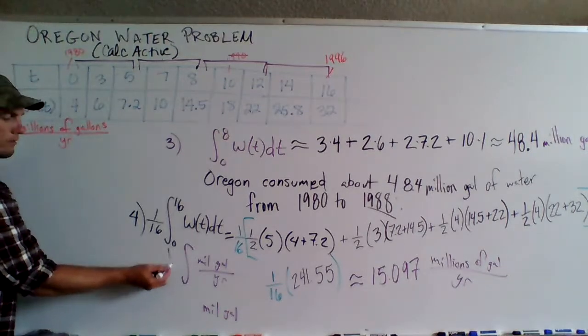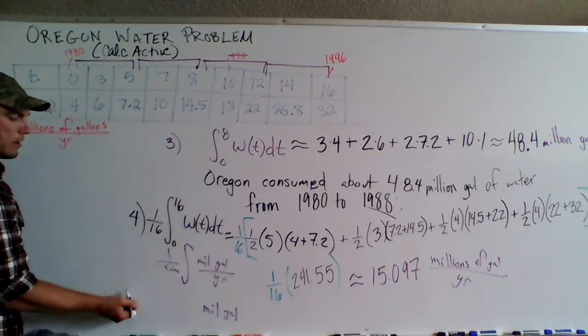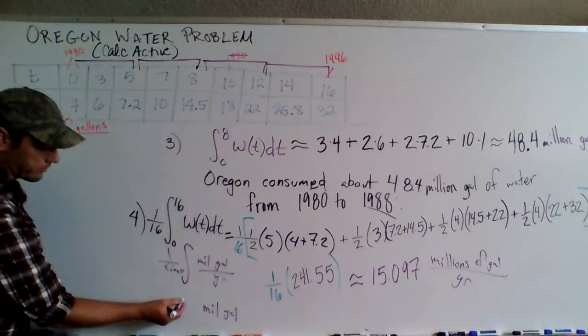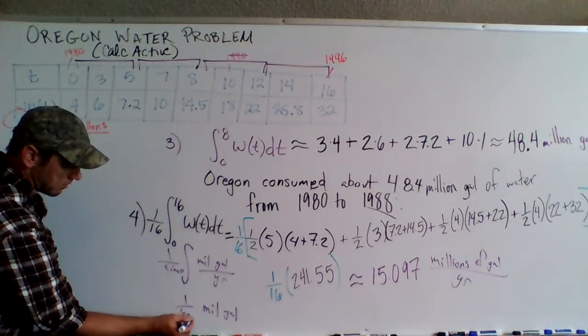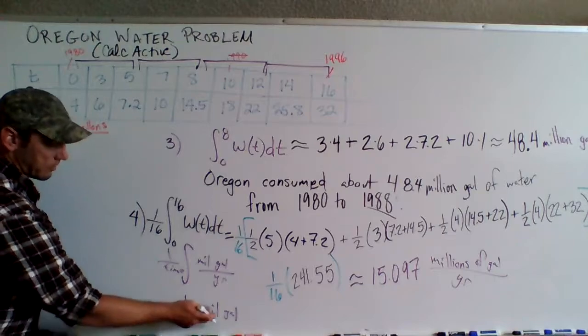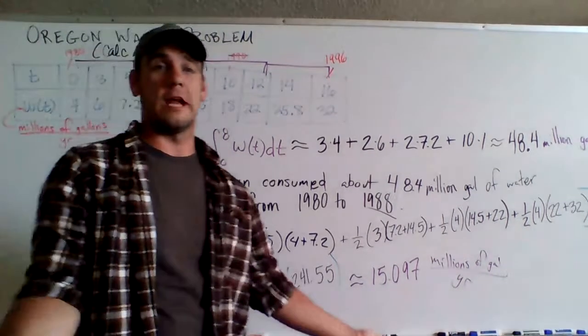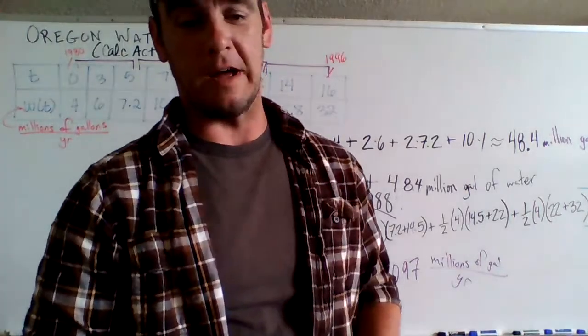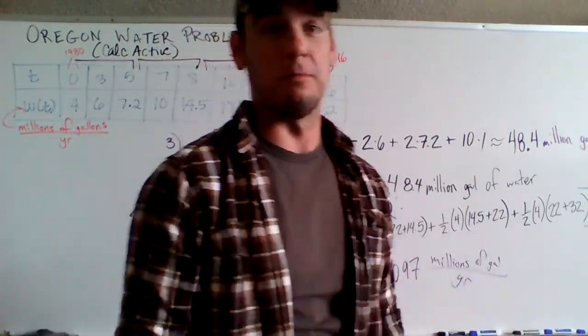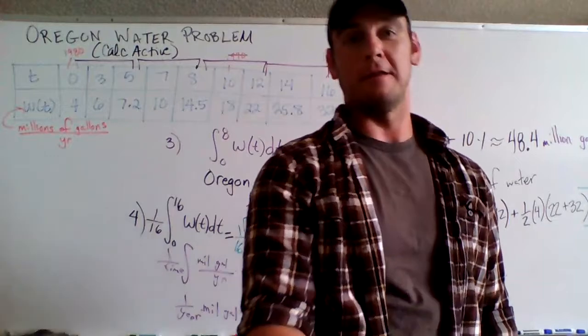But we had 1/time out front, which was 1/years, so when we do 1/years times millions of gallons, what you're going to end up with is millions of gallons per year, which makes a lot of sense if we're asked to find the average rate of consumption. That would be a rate of consumption.